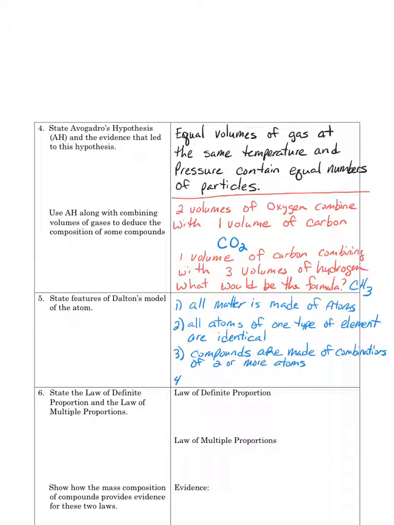And the fourth one, which we haven't really talked about yet, is that a chemical reaction is a rearrangement of atoms. So those are the features of Dalton's model of the atom.